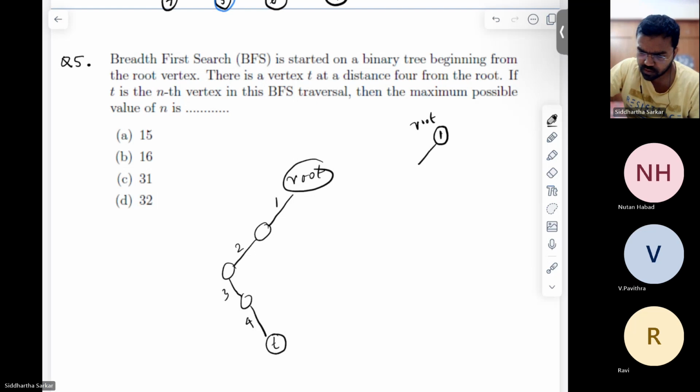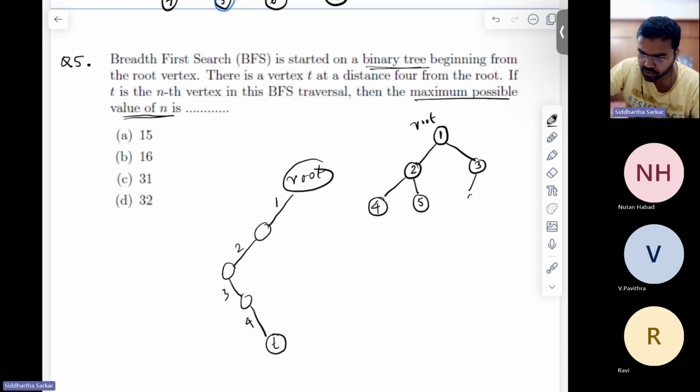And if we want to maximize the number of elements before T, we would like to have a complete binary tree. So we'll have 2 children of 1. Again, for 2, we'll have 2 children. Again, for 3, we'll have 2 children.